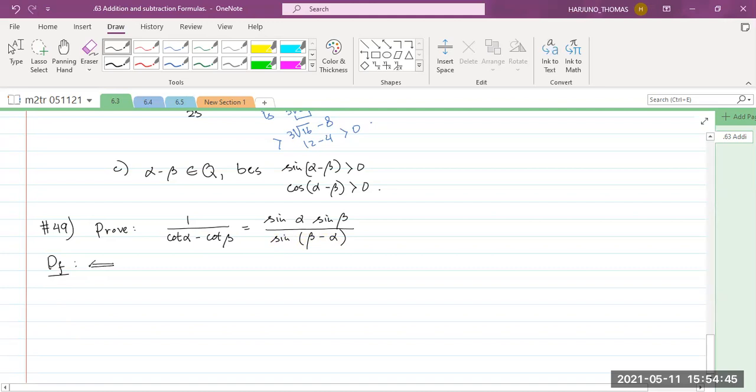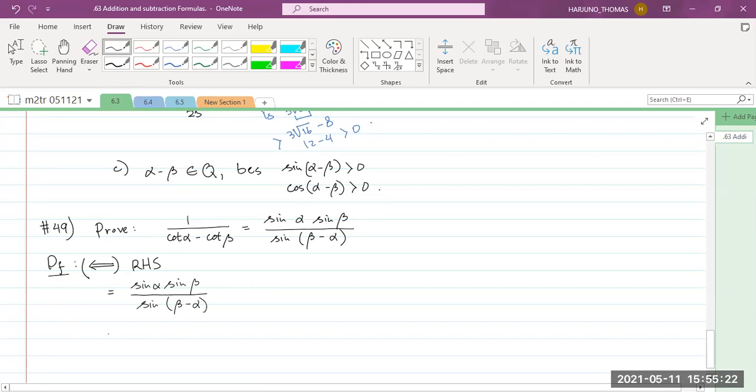If you want to save some space, it is okay to write on the next line. Just remember that your equal sign is supposed to be straight. So the right hand side is sine alpha sine beta over sine beta minus alpha.